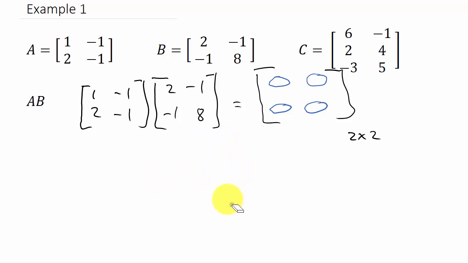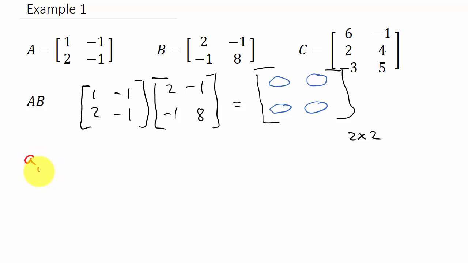Let's start out by finding the entry for the first row, first column. We can call it a lowercase a. You can put a lowercase b or whatever, it doesn't really matter.